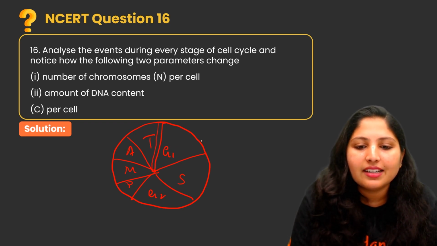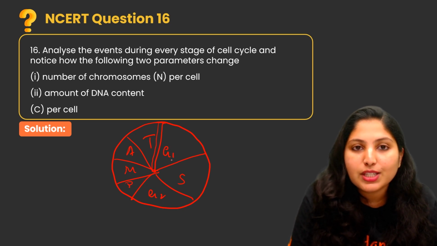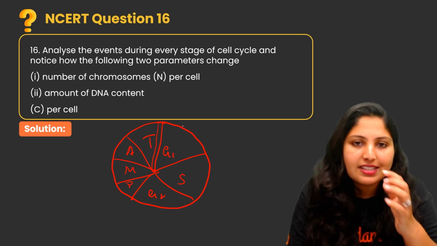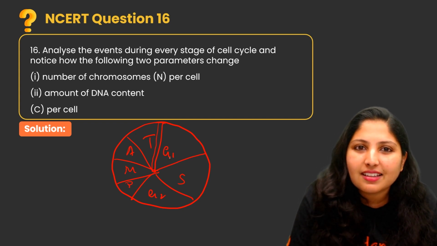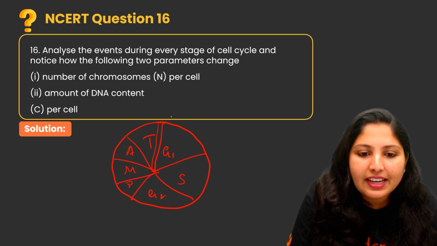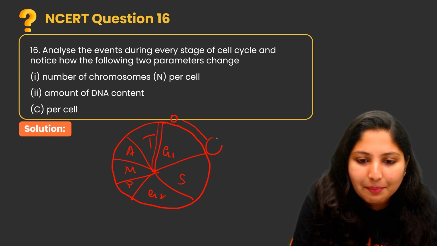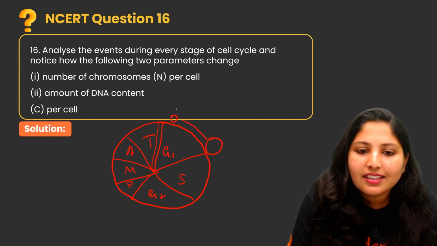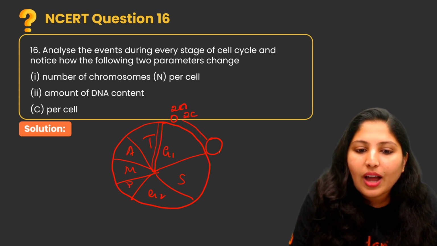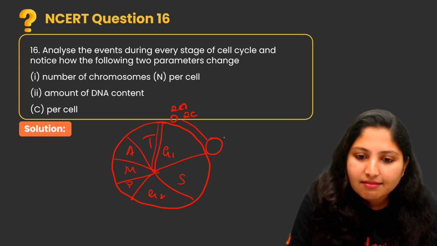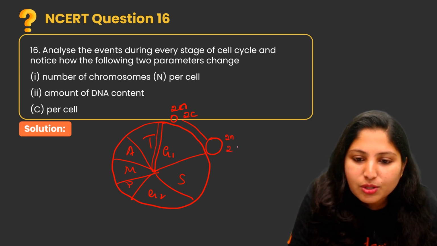In G1 phase, the cell is preparing, right? The cytoplasmic content increases, so growth happens. Here the chromosome number is 2N and the DNA content is 2C. At the end of G1 phase, the numbers are the same, there is no change.